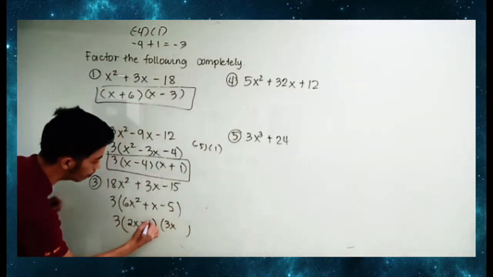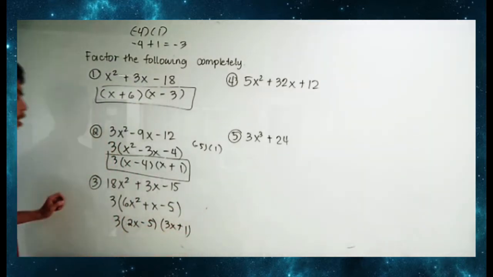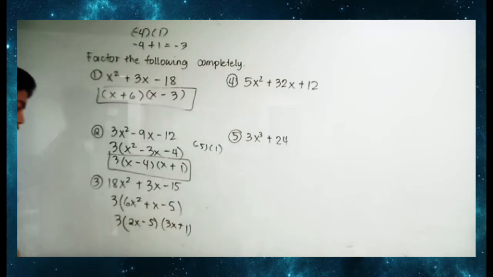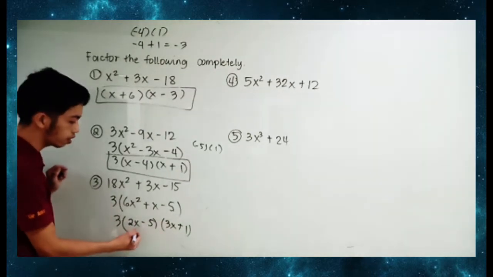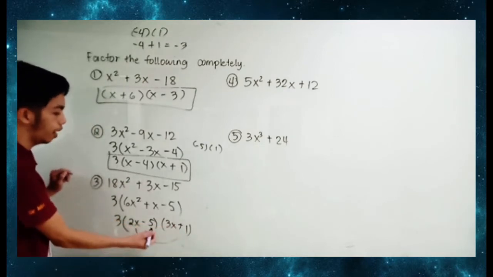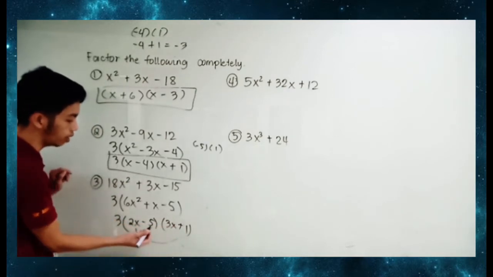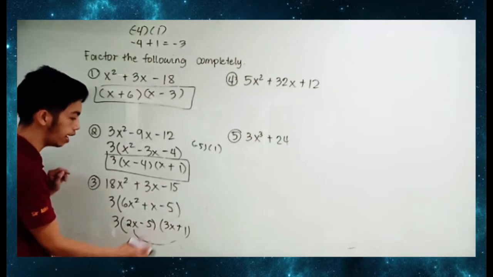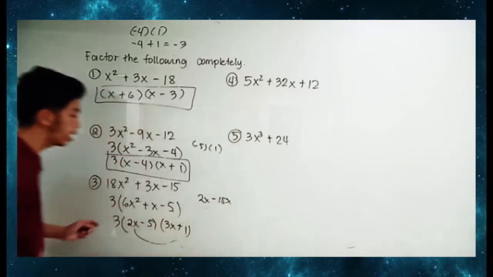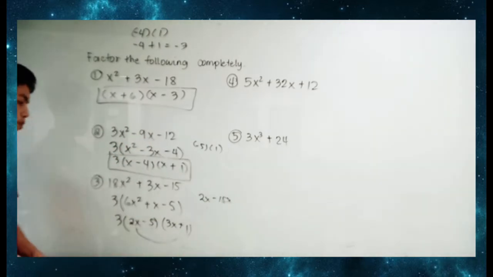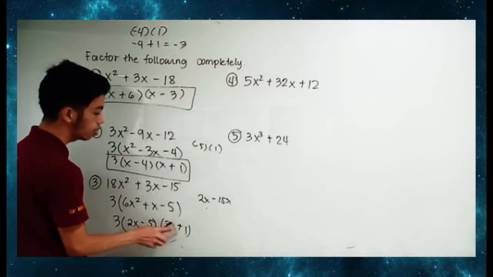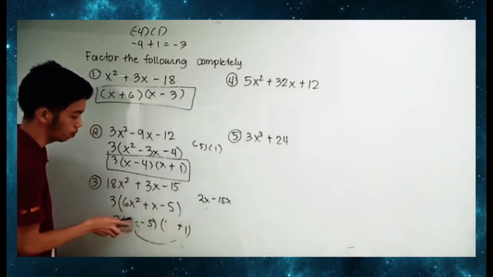Kung ito ay negative 5, ito ay positive 1. Dapat, ang kalalabasan nito ay positive x. 2x times 1 is 2x. Negative 5 times 3x, or negative 5 times 3 is negative 15x. 2x minus 15x, hindi siya x. So, ibig sabihin, hindi 2x at 3x ang first term.